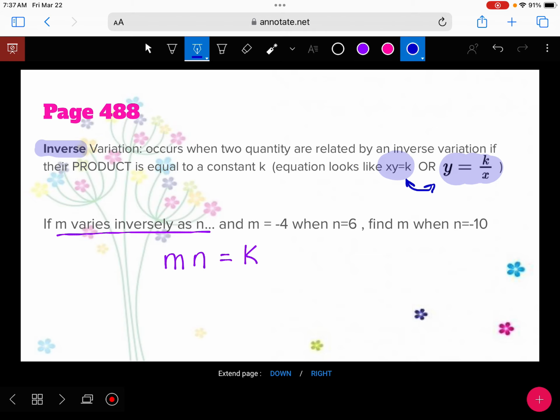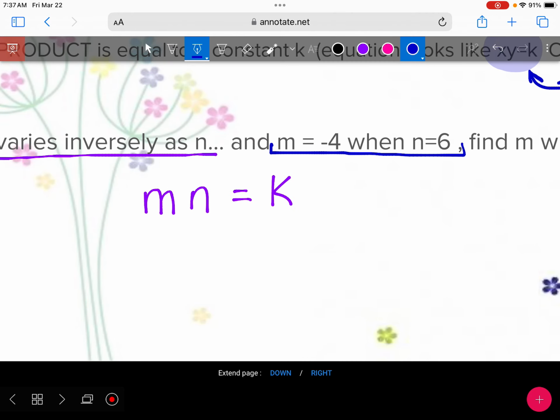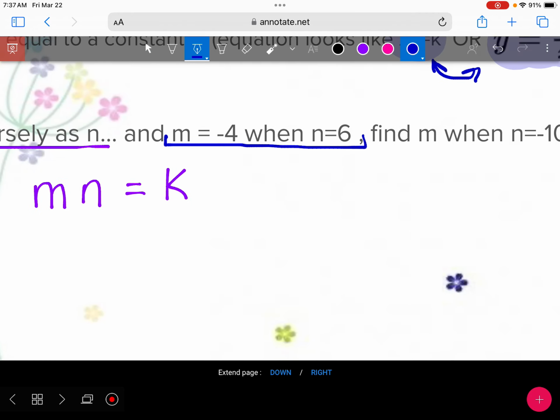So then to figure out our k, we're going to use these terms here. If I know that when m is -4 and n is 6, m n equals our k. What's our k going to equal?